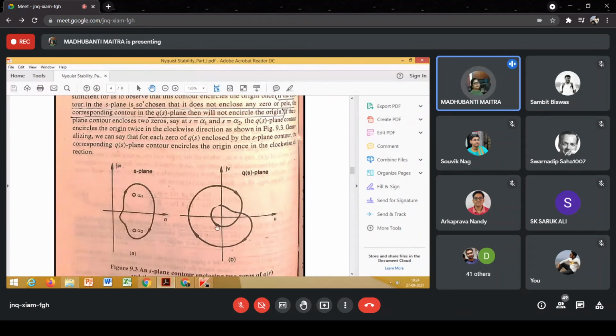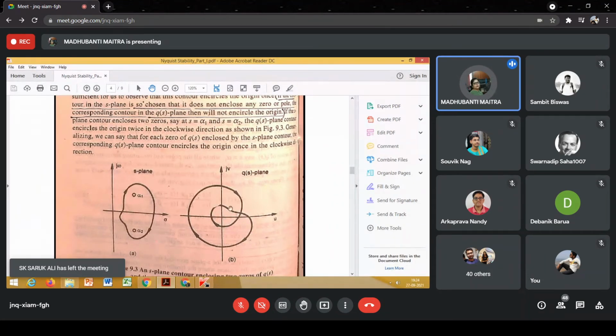You see, this is once, or I can start from here: one encirclement of the origin, second encirclement of the origin. So the QS plane phasor will encircle the origin of the QS plane twice in clockwise direction.